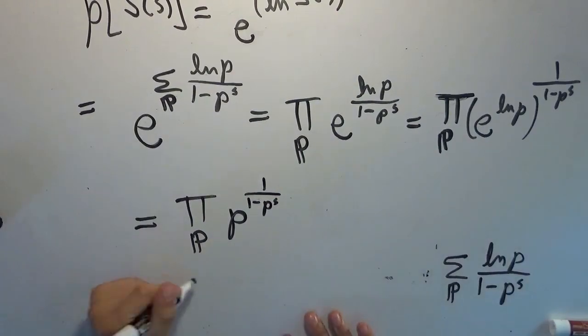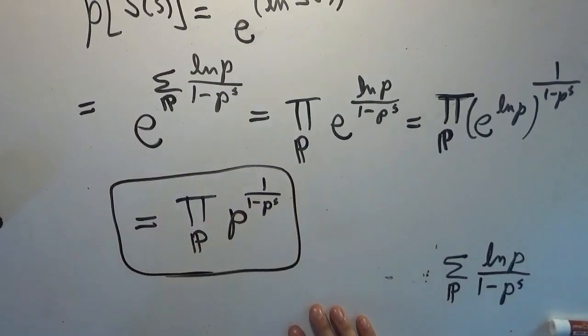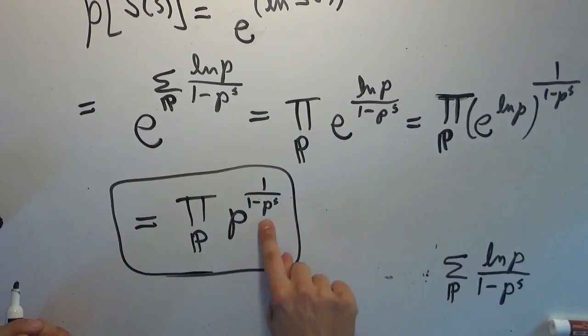Which is just, like, what the heck? That's amazing. So p represents prime numbers.